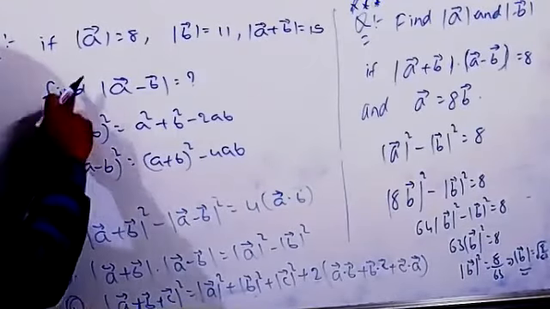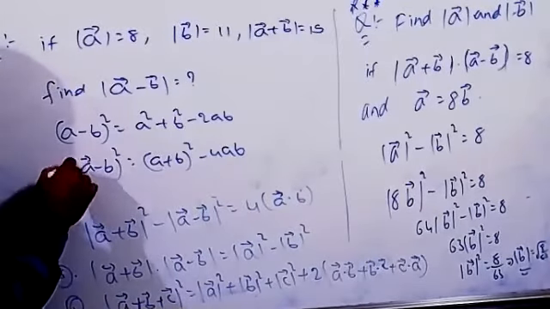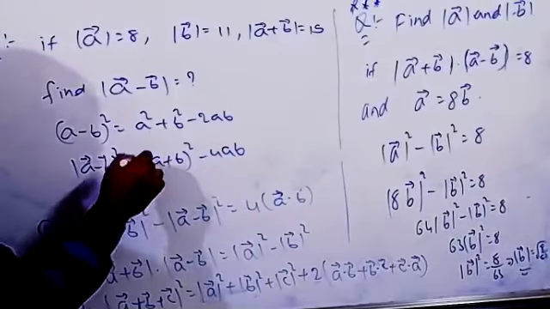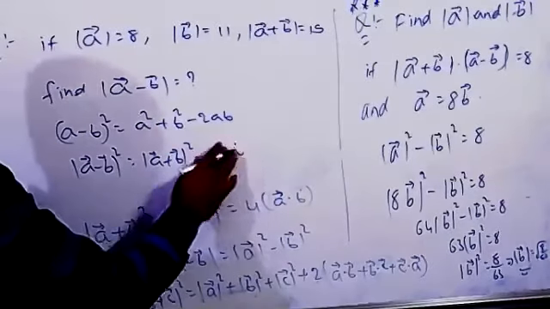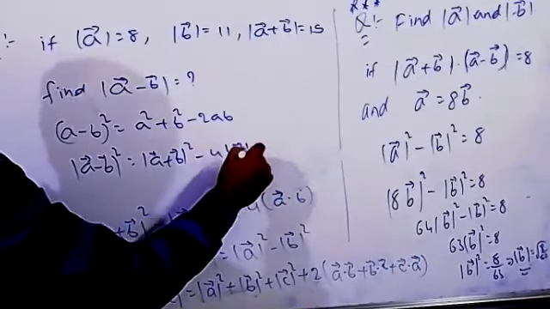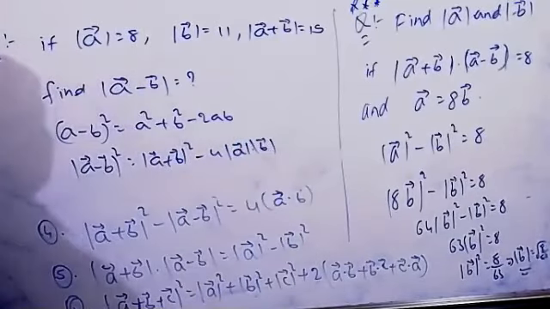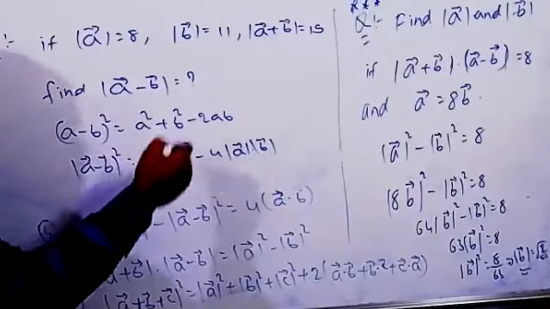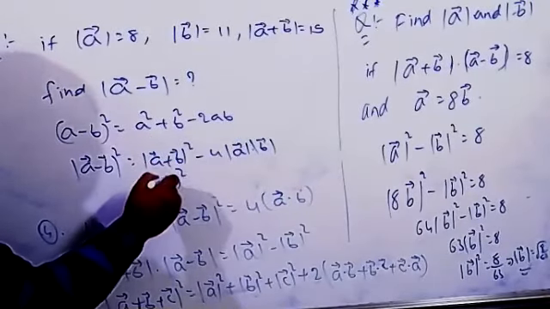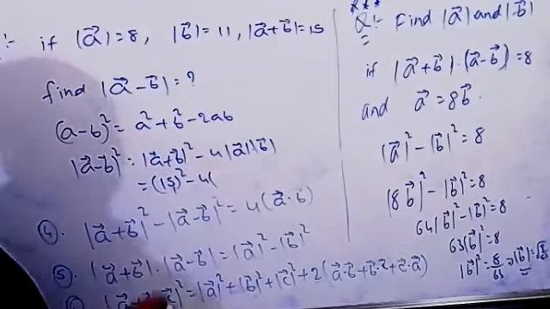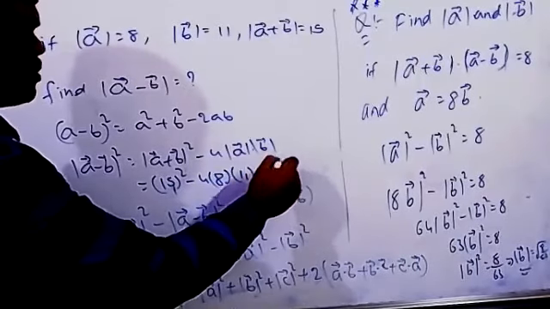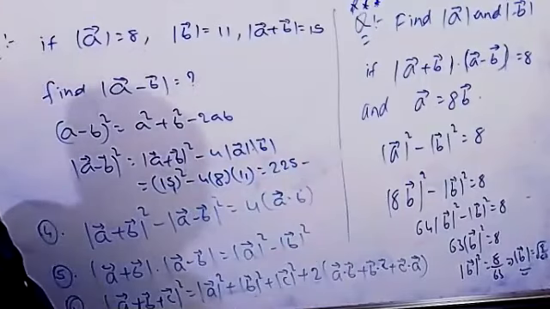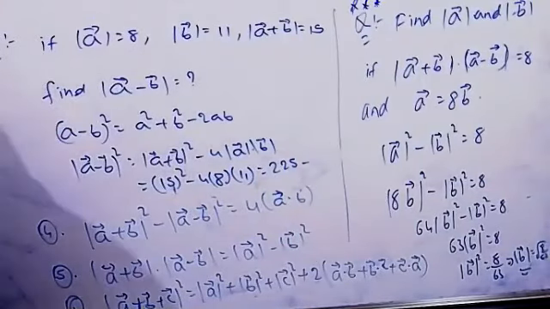If you want this format, you can write it now: the magnitude of A minus B whole square is equal to the magnitude of A plus B whole square minus 4 into A dot B. We got 15 whole square minus 4 into the product of the magnitudes, 8 and 11. 15 square equals 225 minus, and I think we will get 80-something value.